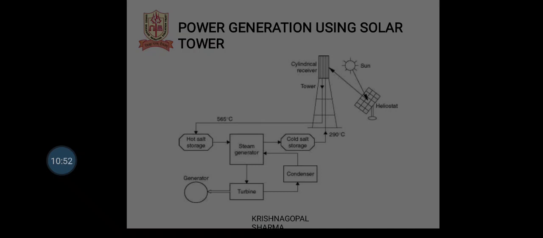The heat passes through the hot salt storage, and then through the steam generator, which passes it to the turbine, and the generator rotates. The turbine also sends steam to the condenser and steam generator, which again goes through the cold salt storage, and it is given to the cylindrical receiver.